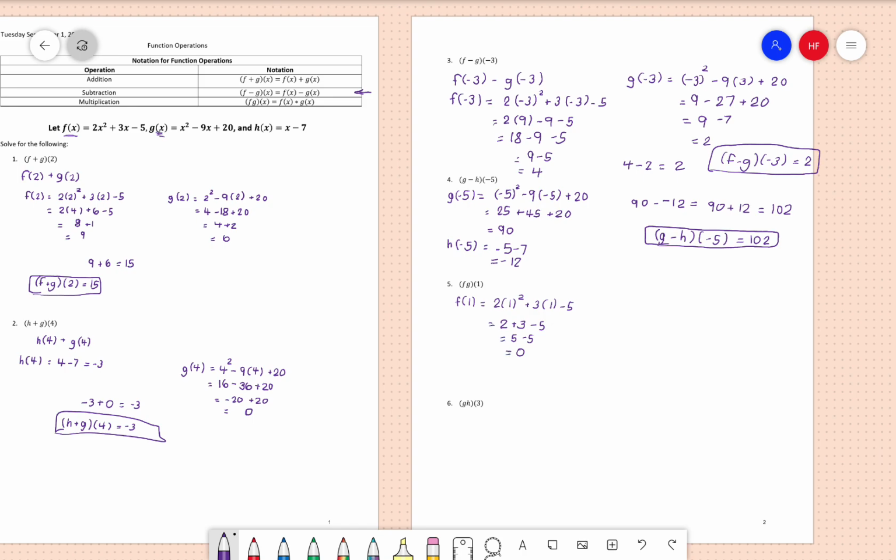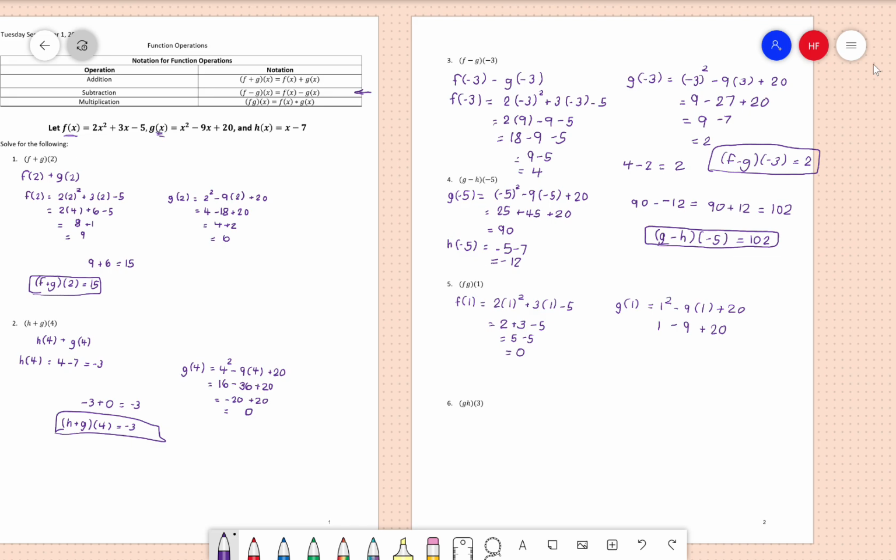And then we'll do the same thing with g. So g of 1, and we get 1 squared minus 9 times 1 plus 20. 1 squared is 1 minus 9 plus 20. 1 minus 9 is negative 8.